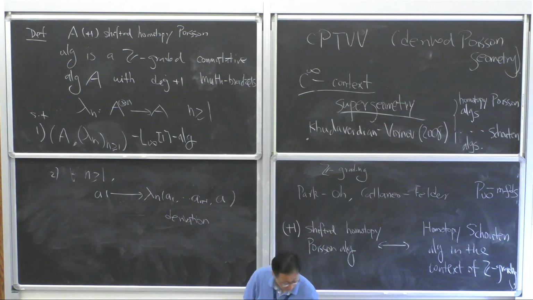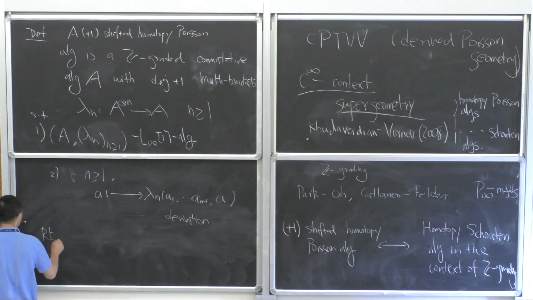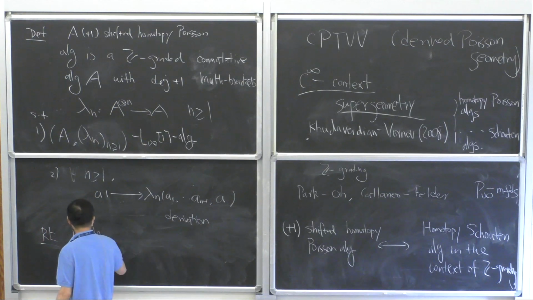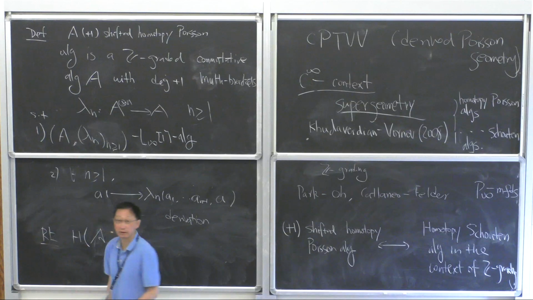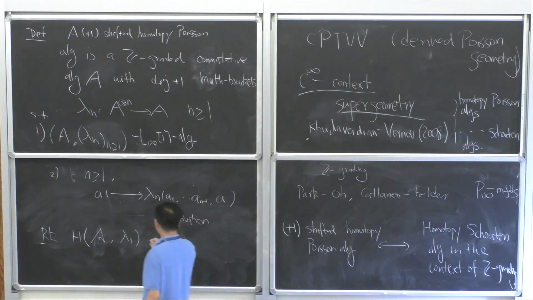In particular, one can easily see that if you take the cohomology of lambda 1, this becomes just a usual Schouten algebra.